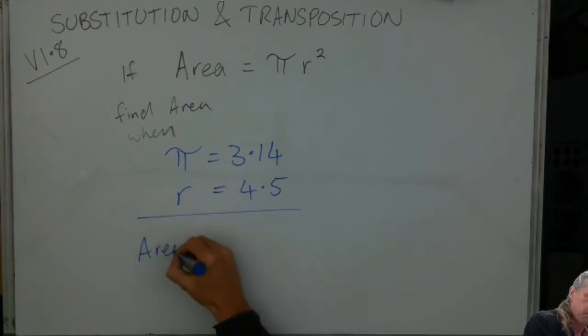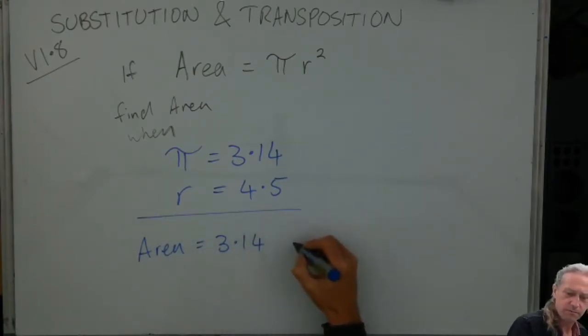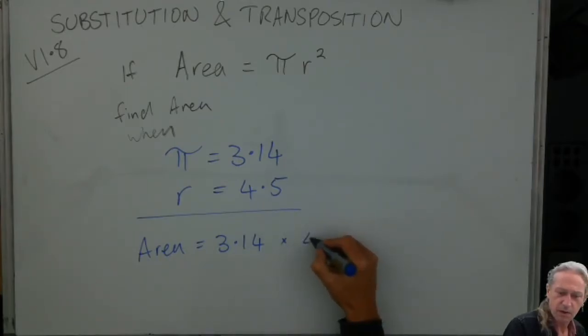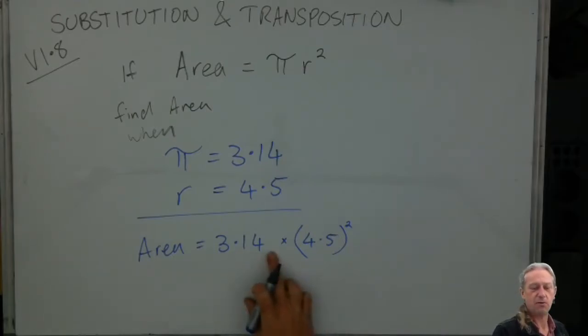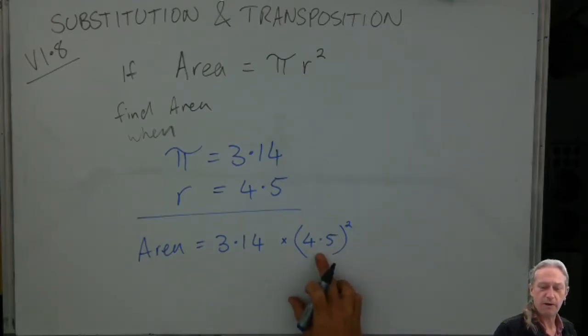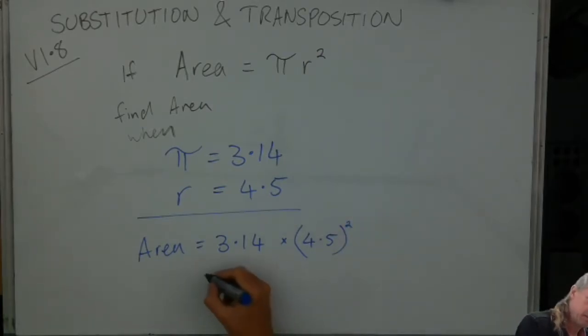Area equals 3.14 times 4.5, and I'm going to put brackets around that, squared. So really this is 3.14 times 4.5 times 4.5 again. That's what the little 2 means.